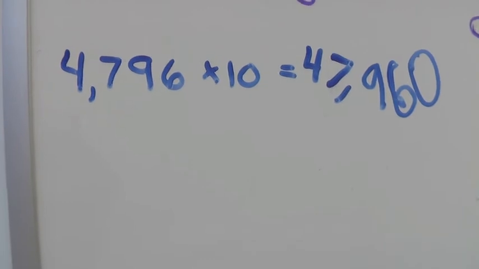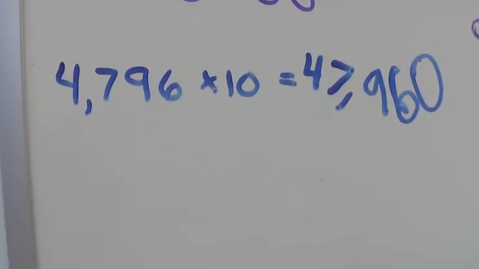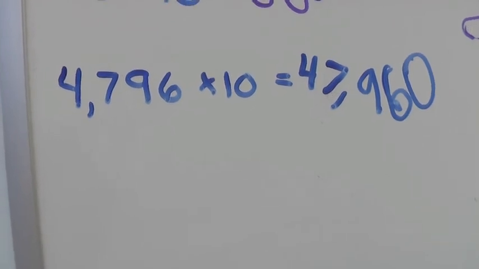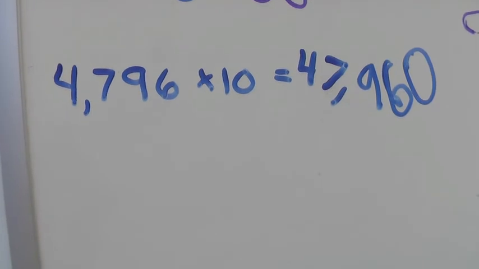That was not very hard. Do you think there was an easier way to do it? The way you did it was wonderful. You broke apart the number into its place value parts, but there is a very much easier way.